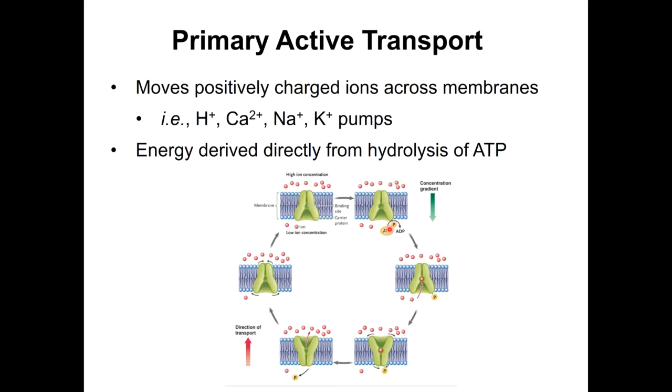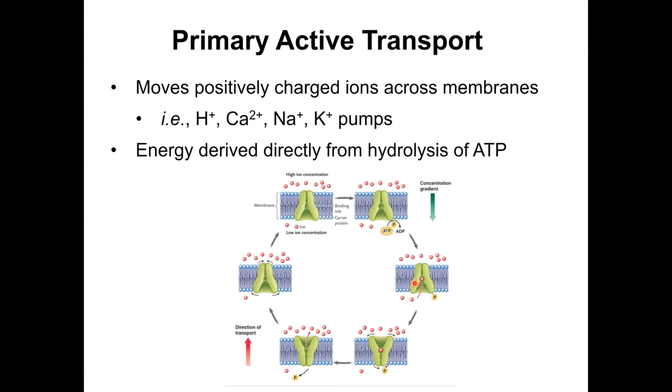When you break ATP, you remove one phosphate. In reality, the energy that was in the bond between this phosphate and the other two phosphates gets transferred. So this binding transfers the energy to this transporter protein, and that energy ultimately causes the change in conformation.